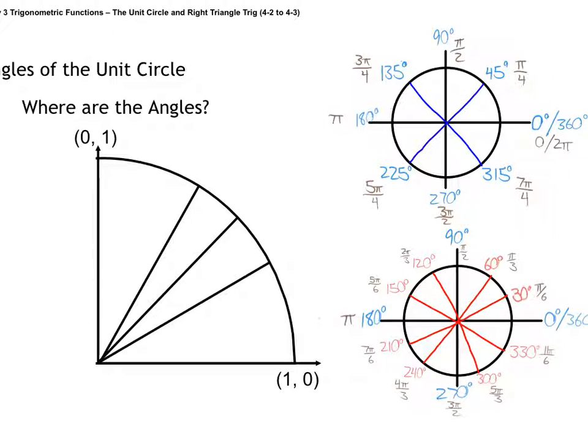So notice here, first of all, we have the 30 and the 60. The 45 is going to be halfway between those. Okay? So you're going to see 30, 45, and 60. And in radians, that's going to be pi over 6, pi over 4, and pi over 3.